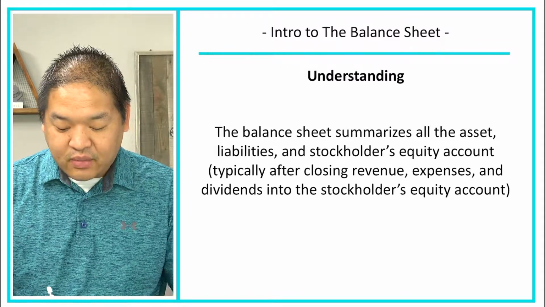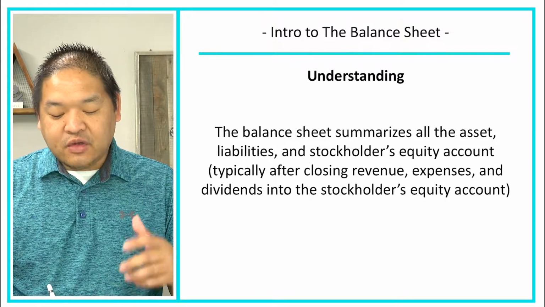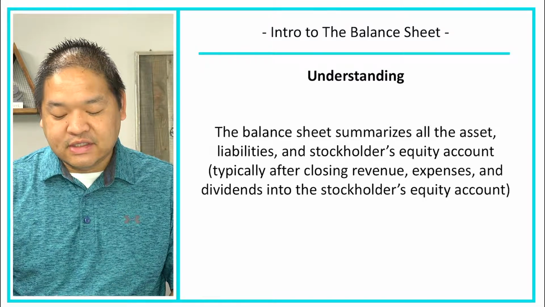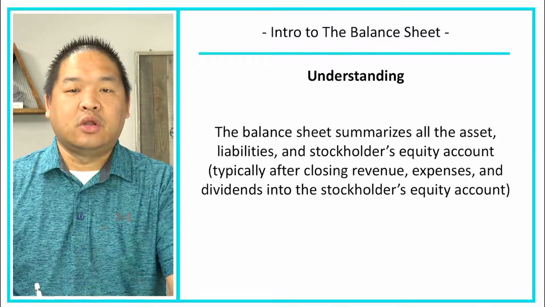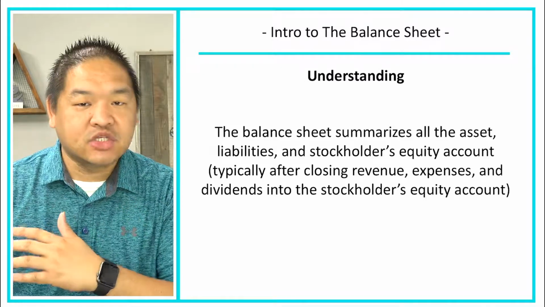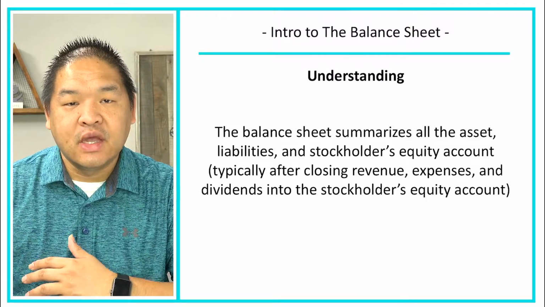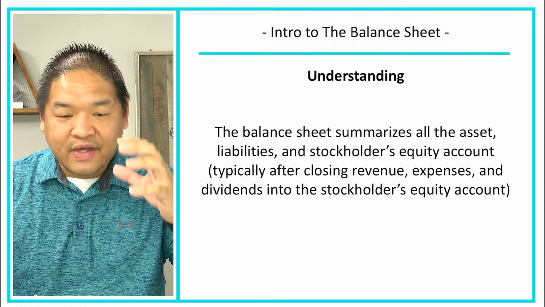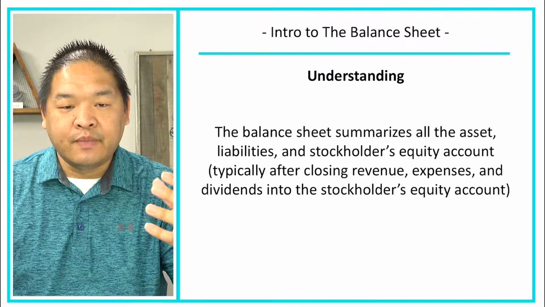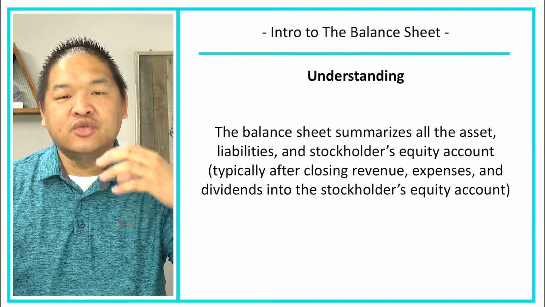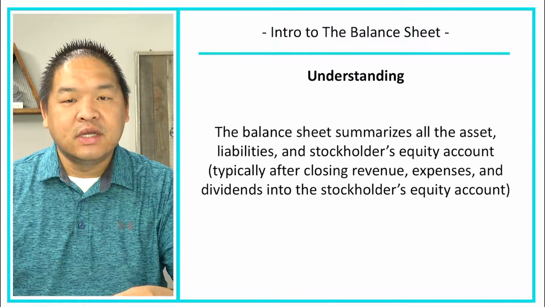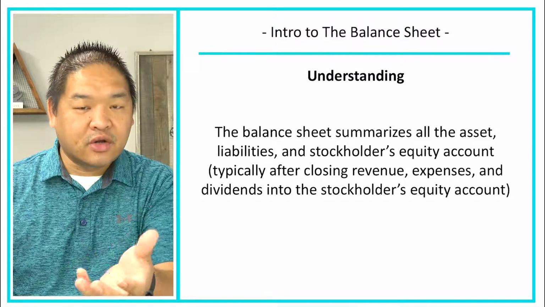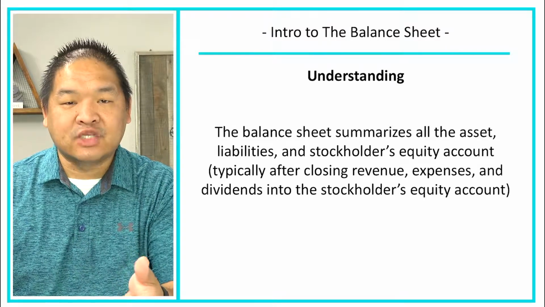So stockholders' equity accounts, typically after closing revenues, expenses, and dividends into the stockholders' equity account. We haven't really talked about closing entries. That's another section that we're going to get into. But just so that you have an understanding of what's going on, typically we take revenues, expenses, and dividends, and we close those accounts into what we would call retained earnings, which we talked about in the last section.